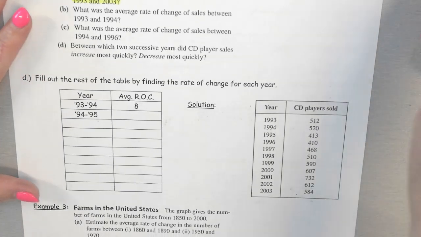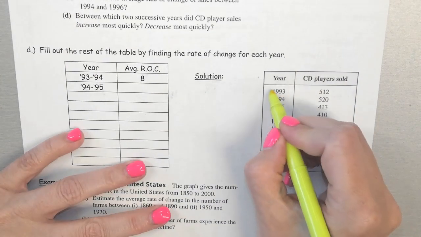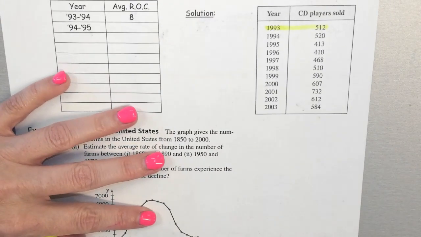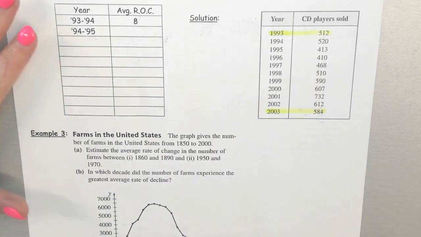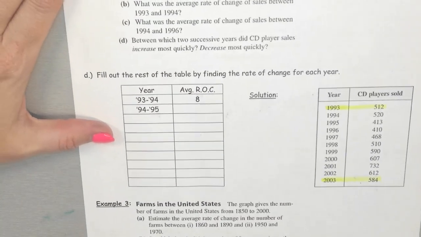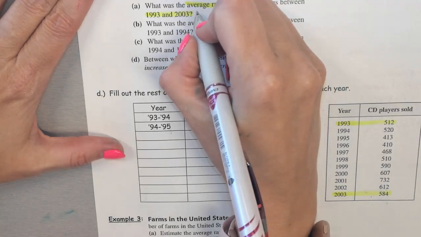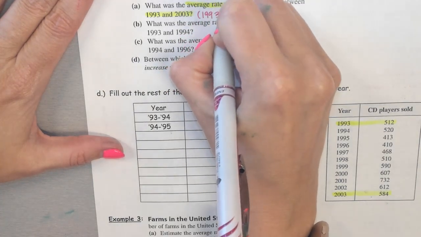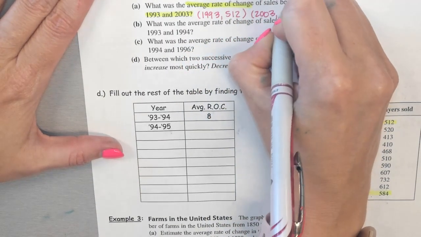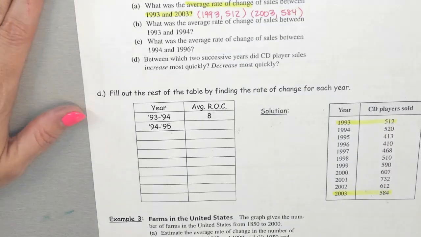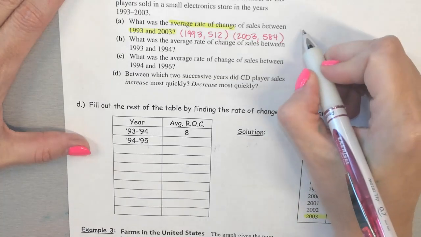So if I go to my table and I look for 1993, in 93 it says 512 were sold. In 2003, 584 were sold. I can think of that as an input-output situation. So in 1993, 512 were sold. In 2003, 584 were sold.